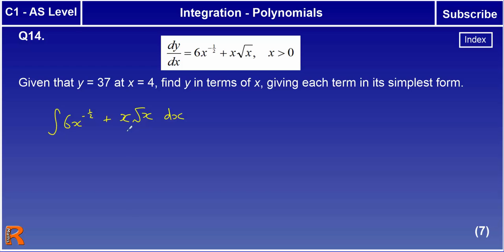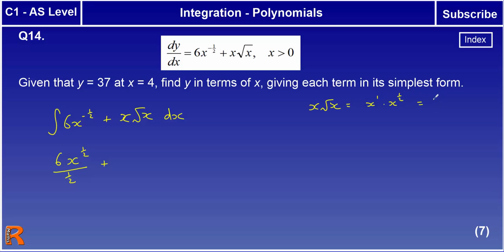Okay, so add 1 to the power, minus a half plus 1 is a half. We've got the 6, we need to divide by this power to leave a 6 on the front. And then this x root x, that's the same as x to the power of 1 times x to the power of a half. The square root of x is a half.